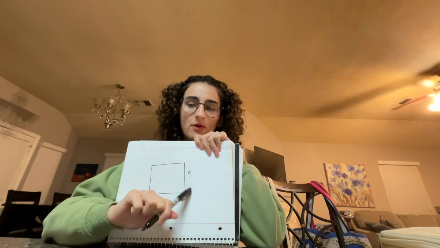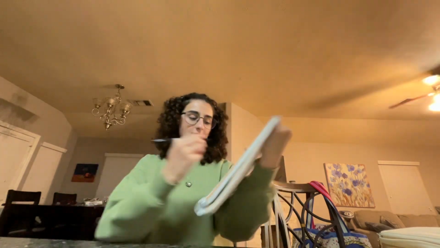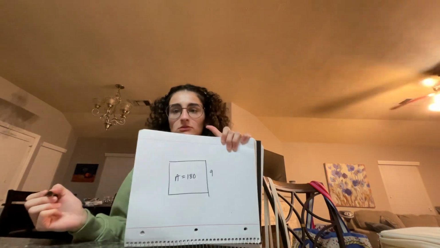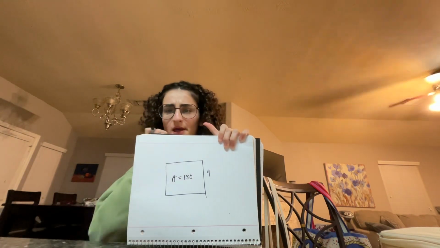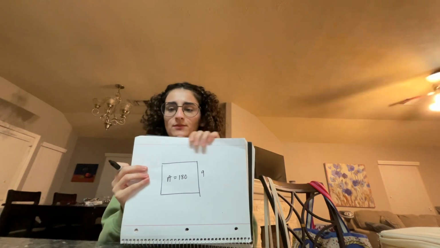So you can keep your rectangle on there and just erase however your length sides are. So one of these is already 9. I didn't realize I did that. They're already 9 right here. And this is our area, which is 180. So does everyone remember how we did that on the first problem? We know area is length times width, right?